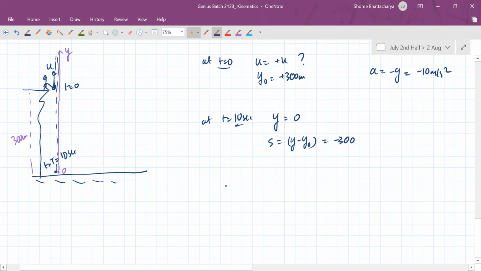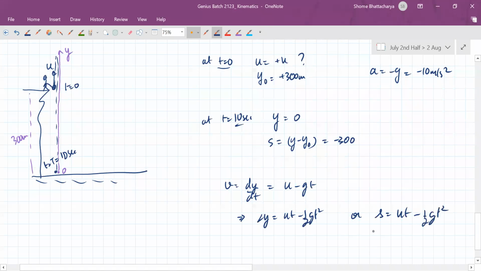So, when we write the equation like this, that instantaneous velocity, which is dy by dt, is u minus gt, we have delta y is equal to ut minus half gt square, and that delta y is displacement. So this is at the derivational level. This is how this equation comes.